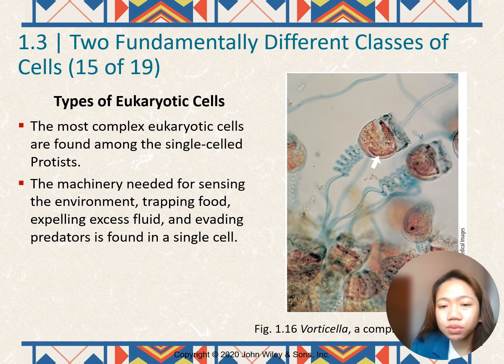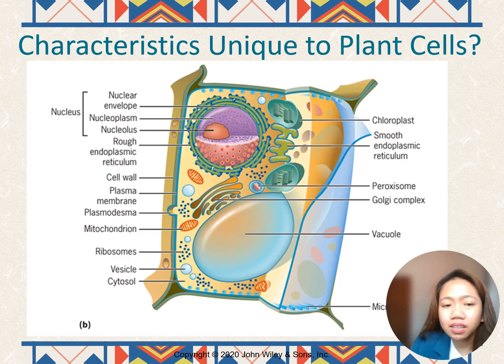Now, speaking of unique, this is just an overview of the characteristics of plant cells. As you can see here, the plant cells have the multiple organelles that we have mentioned during our module 1, like the chloroplast, the peroxisome. But just to highlight again, the unique characteristics of plant cells are the presence of vacuoles.